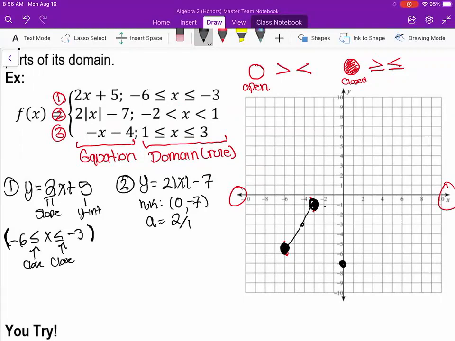So we're going to go up 2/1, and then I'm just going to keep finding more points, up 2/1 to the right, and also up 2/1 to the left, several times. Cool. All right. Well, I'm going to draw my graph.